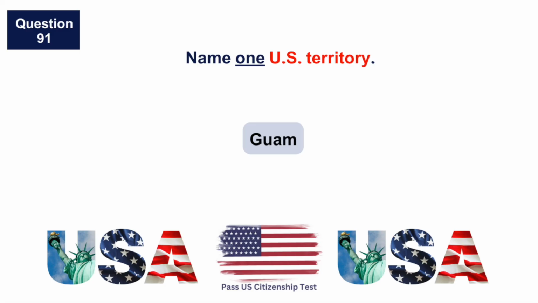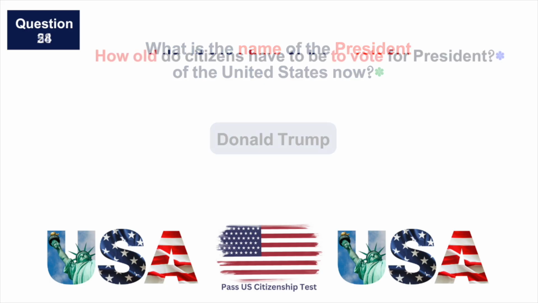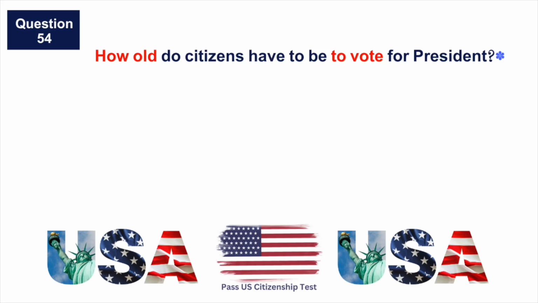Guam. What is the name of the President of the United States now? Donald Trump. How old do citizens have to be to vote for president? 18 and older.